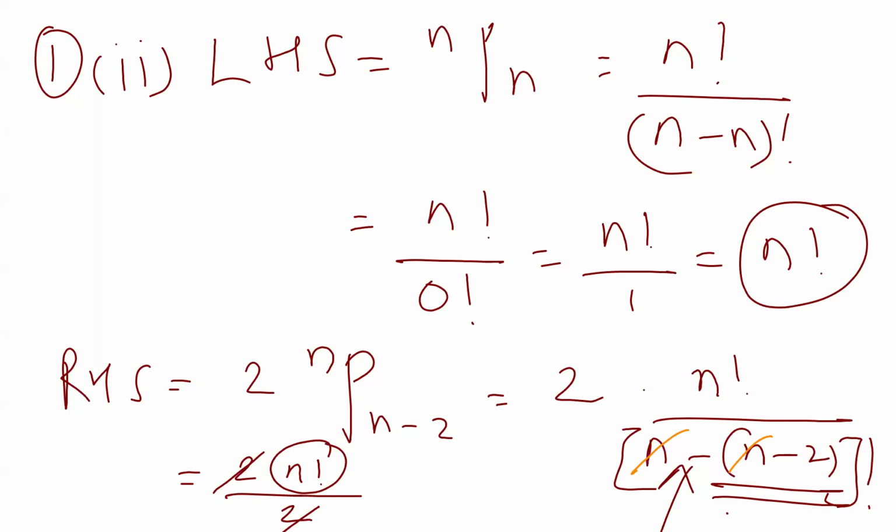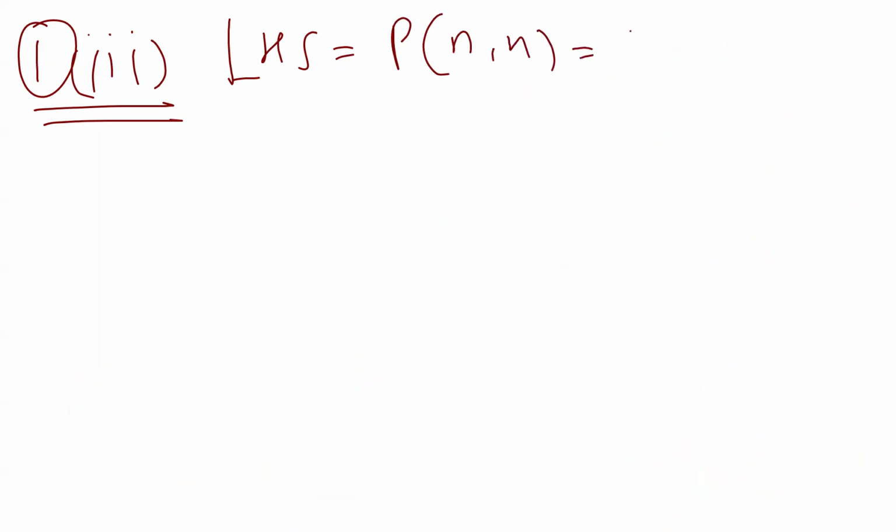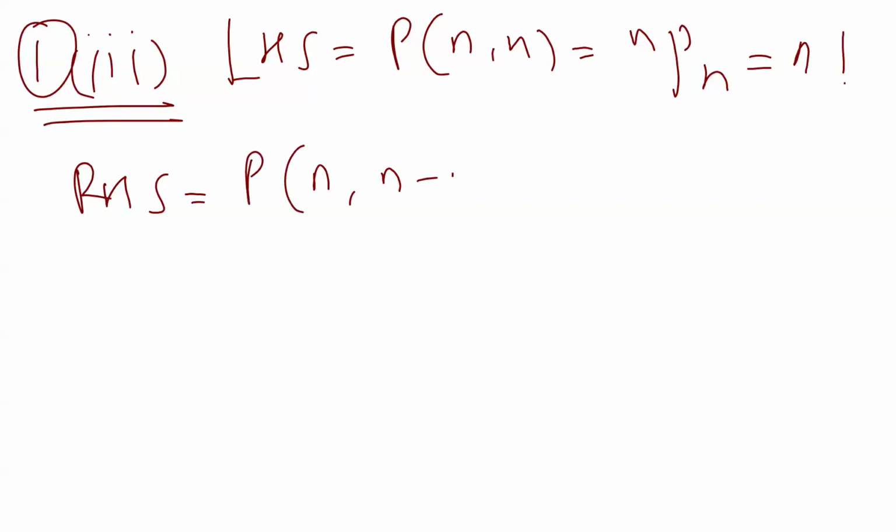Third one. Question 1, sub question 3. LHS: nPn, which is equal to n factorial, like the previous part. RHS: nPn minus 1.